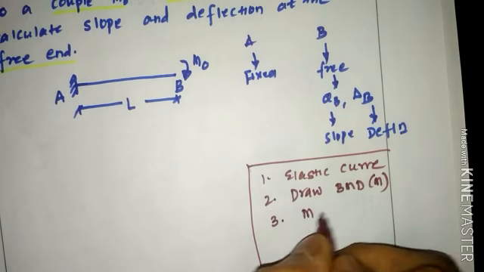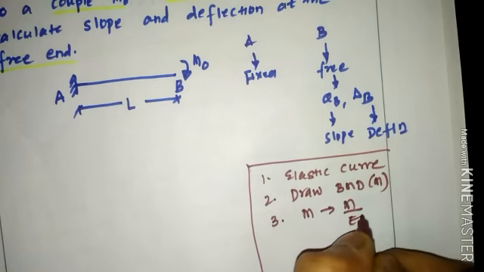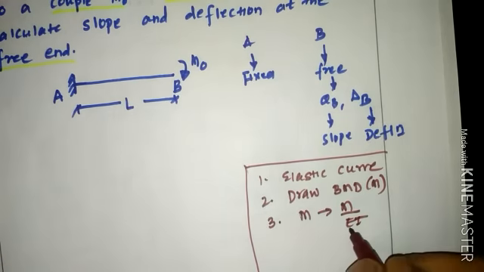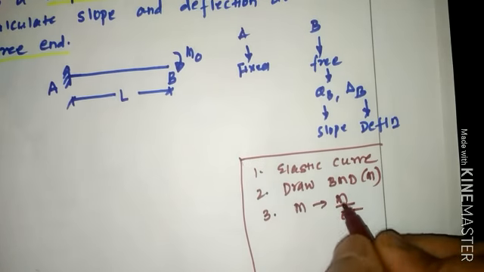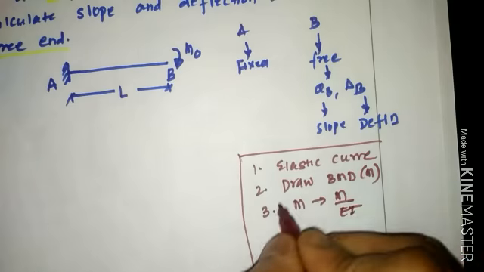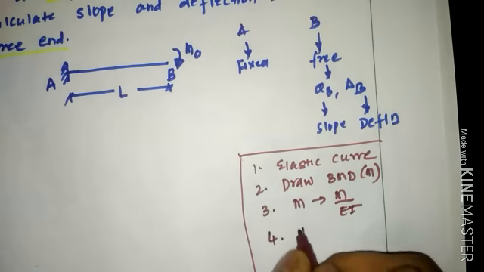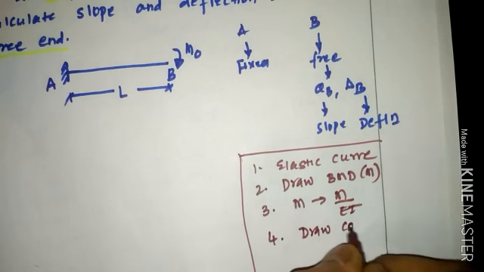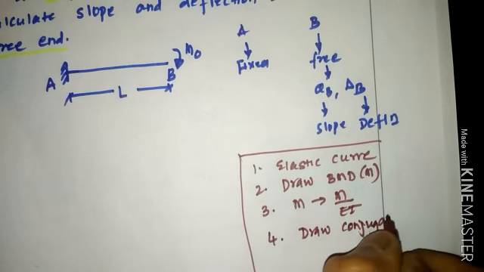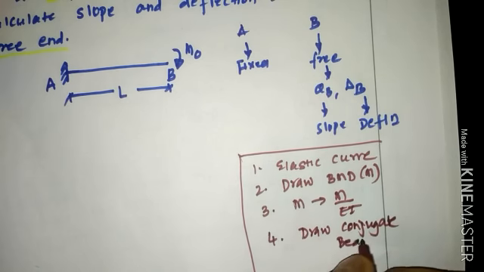Next is to convert the M diagram to the M by EI diagram, which is after dividing by the flexural rigidity EI. This diagram itself will be the loading on the conjugate beam. Next is to draw the conjugate beam. A conjugate beam is an imaginary beam.